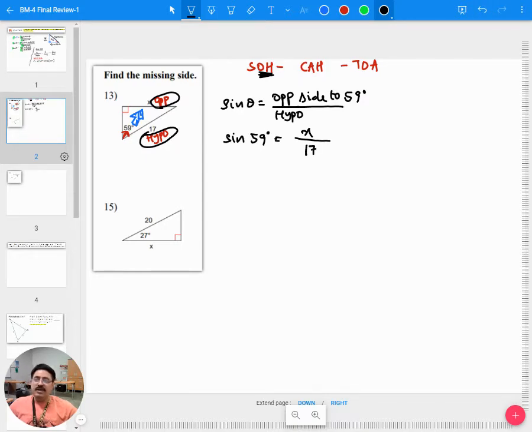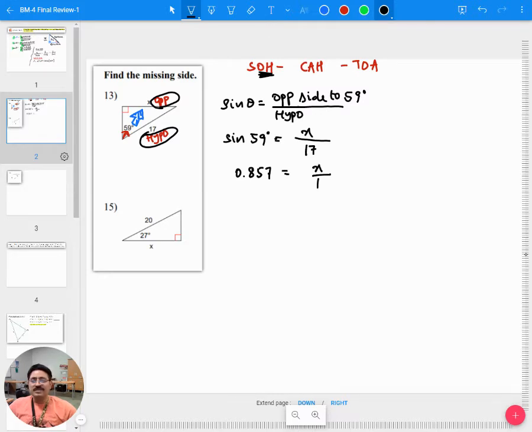Now, take the calculator. You may use an online calculator. I'm computing sine 59, that is 0.8576 and so on. So it is 0.857. After the decimal, I'm taking 3 digits.